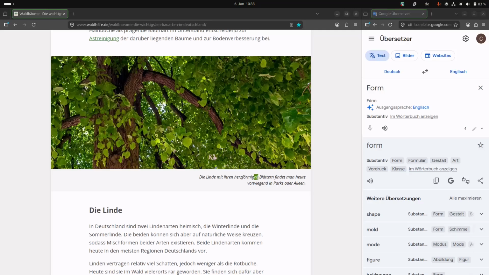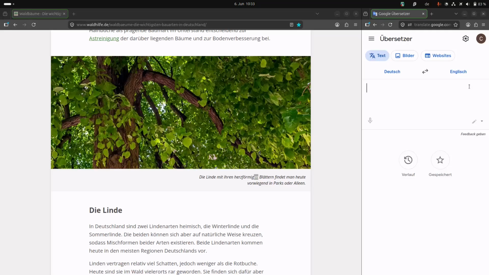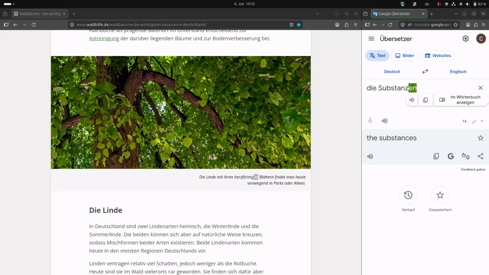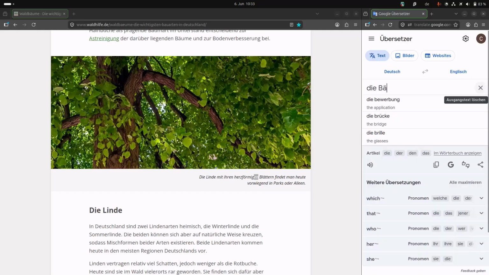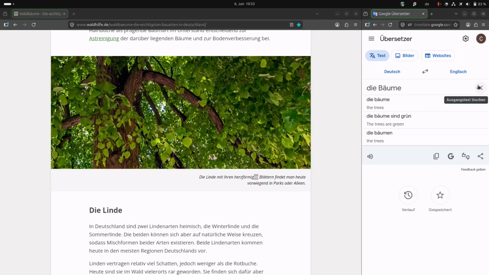For example, die Bäume, but I think there are multiple plural forms in German, and N is the most common, but funnily enough, I can't remember anything.